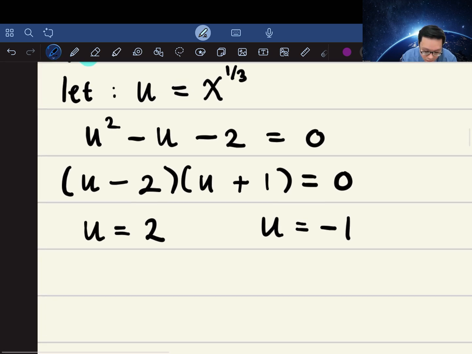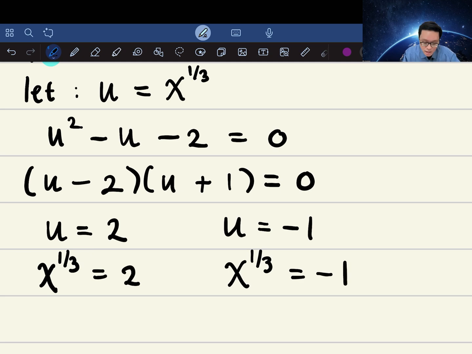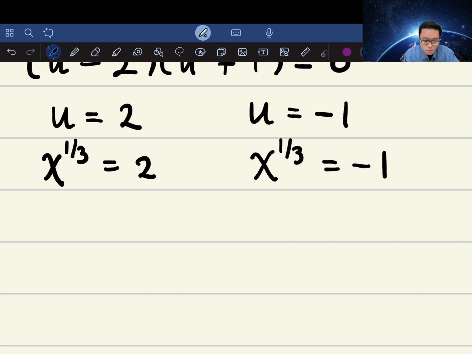So it becomes x^(1/3) equals 2 and x^(1/3) equals minus 1.